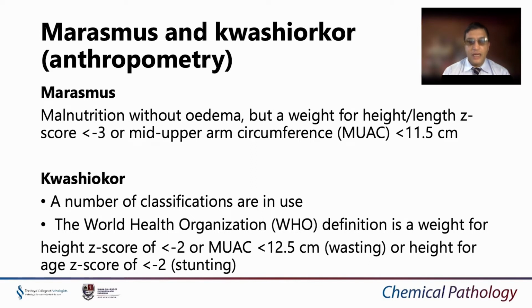Kwashiorkor will be defined by a weight for height Z-score of less than -2 or a mid-upper arm circumference of less than 12.5, which will define wasting. Alternatively, you can also have a stunting category.